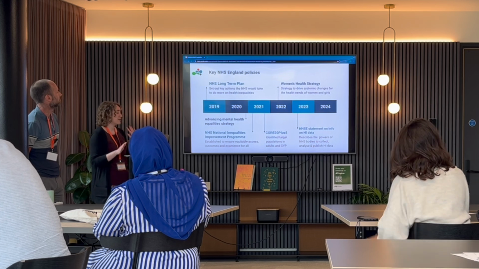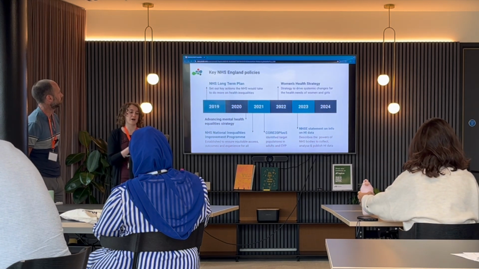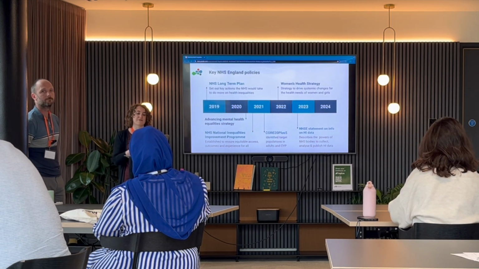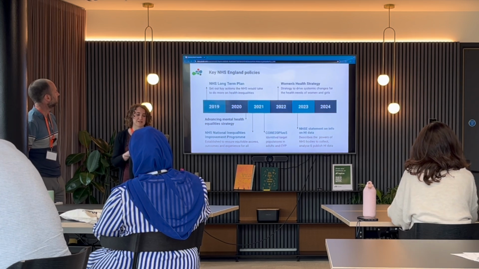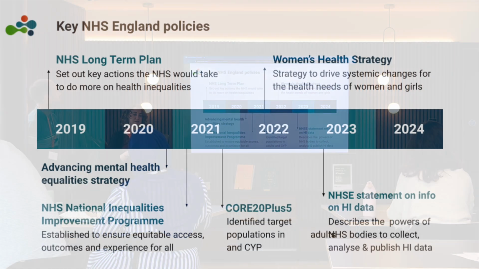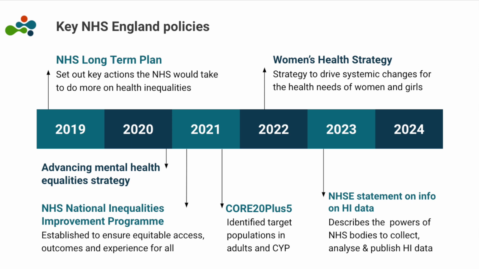So just wanted to give a really brief overview of policies that NHSE have developed over the past few years in terms of health inequalities. First off, in 2019, the long-term plan set out some key actions that the NHS would take to do more on health inequalities.